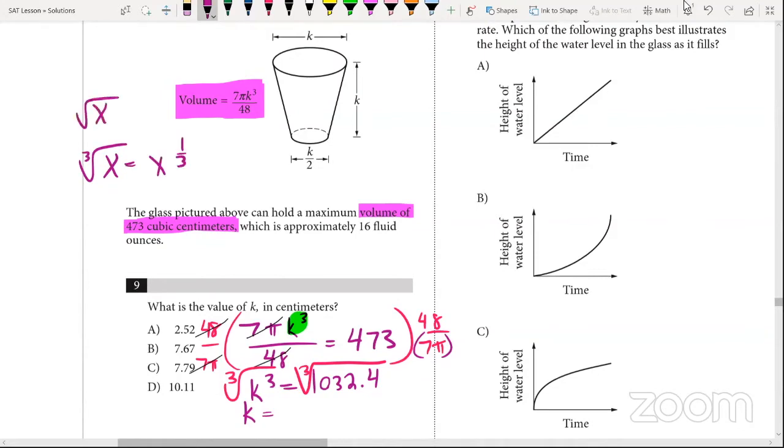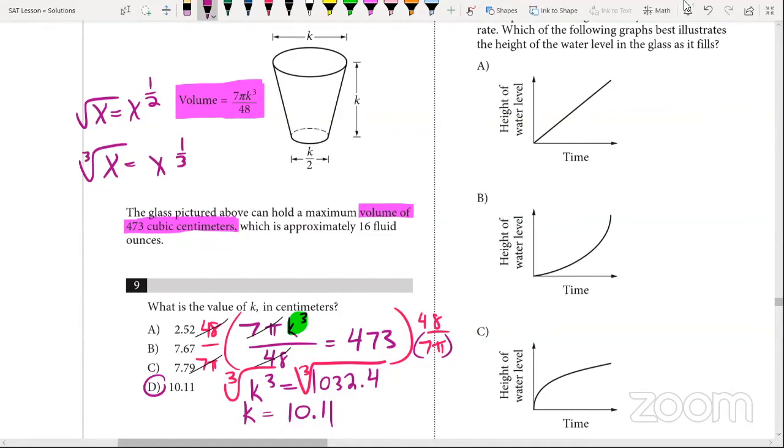And the square root of a number is the same as that number to the 1/2 power. So just a little thing there that you may not realize until you try. But the cube root of 1032.4 is 10.106, so 10.11, which matches answer choice D on number 9.